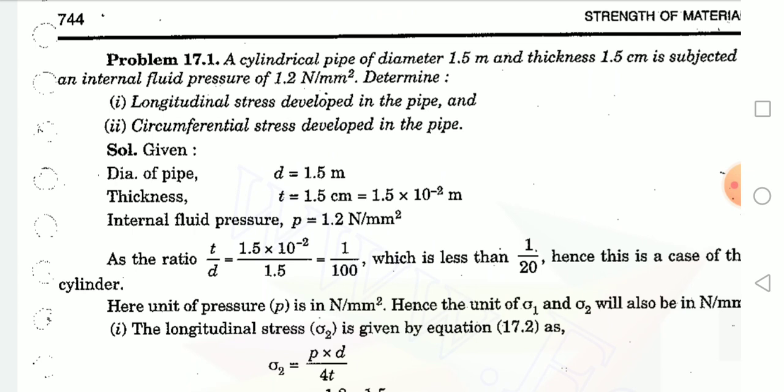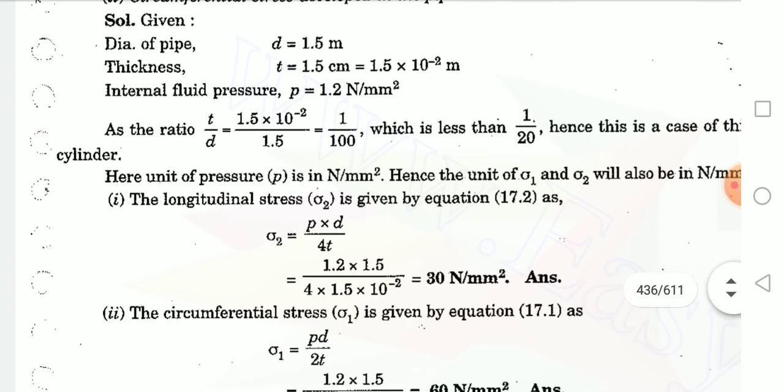Determine the longitudinal stress developed in the pipe and the circumferential stress developed in the pipe. We know the formula for longitudinal stress, which is sigma equal to PD by 4T, and for circumferential stress, which is sigma equal to PD by 2T.